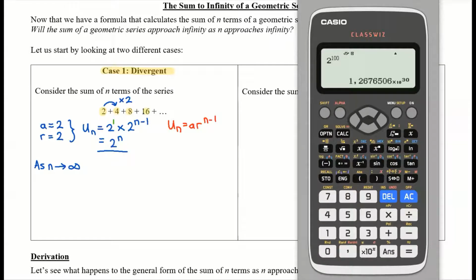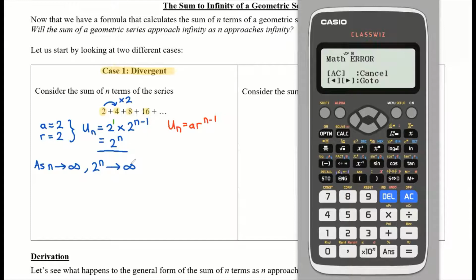We've already got 10 to the power 30. It's just an enormous number. As we approach infinity, 2 to the power 1000, my calculator can't even cope with it. It's such a big number. We're going to get infinity. It's absolutely clear. So as n approaches infinity, 2 to the n also approaches infinity, but much more quickly.